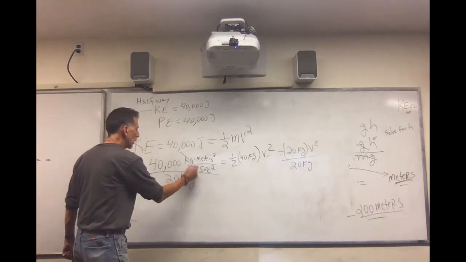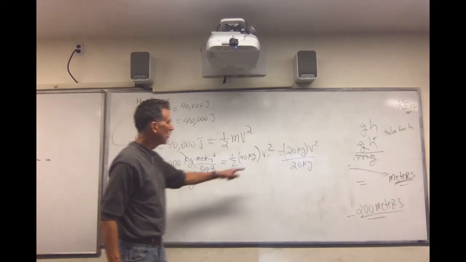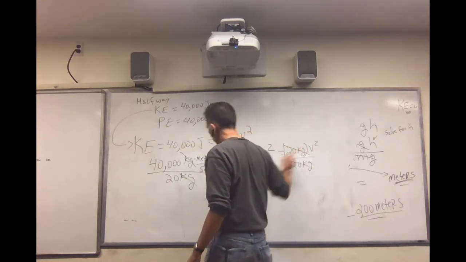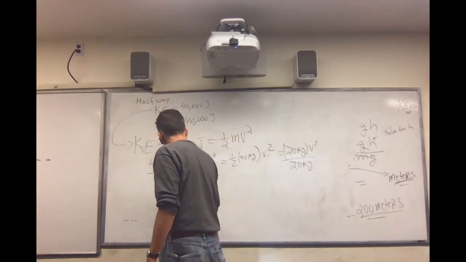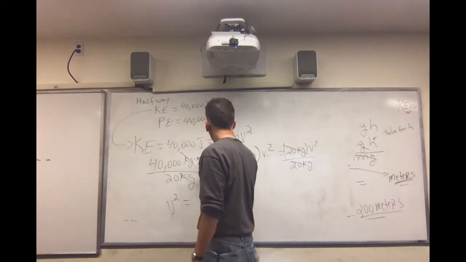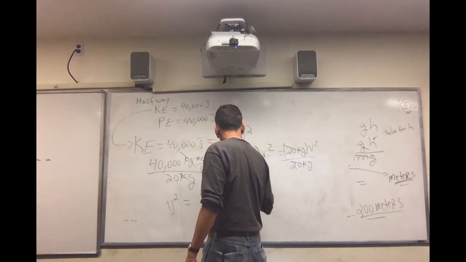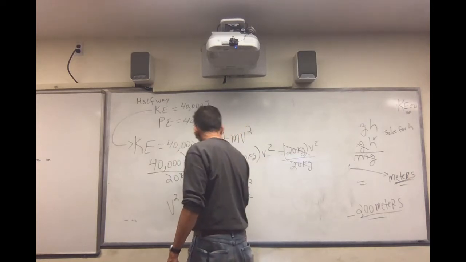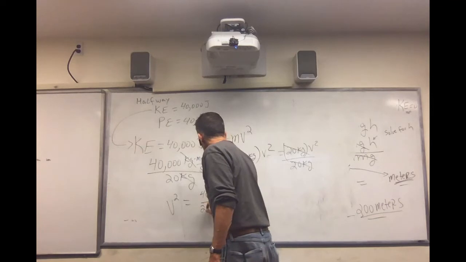You see, kilograms go out. And we're left with V squared is equal to 40,000 meters squared per second squared divided by 20.